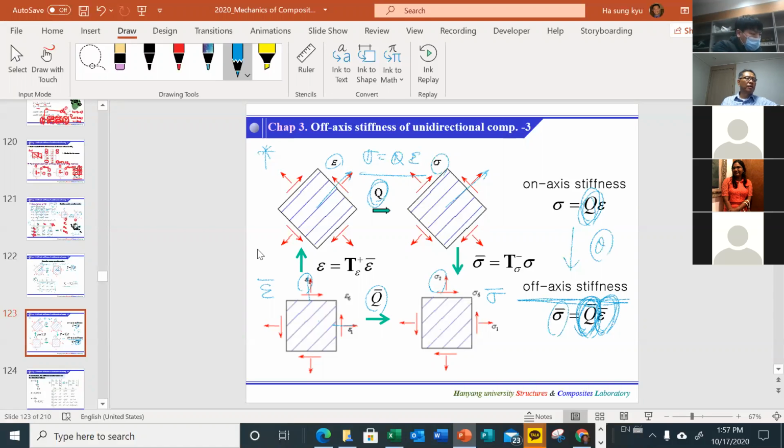As we just covered, there is a transformation matrix between this epsilon and epsilon bar. There's a transformation matrix. And also, here is the sigma on axis and sigma bar off axis.